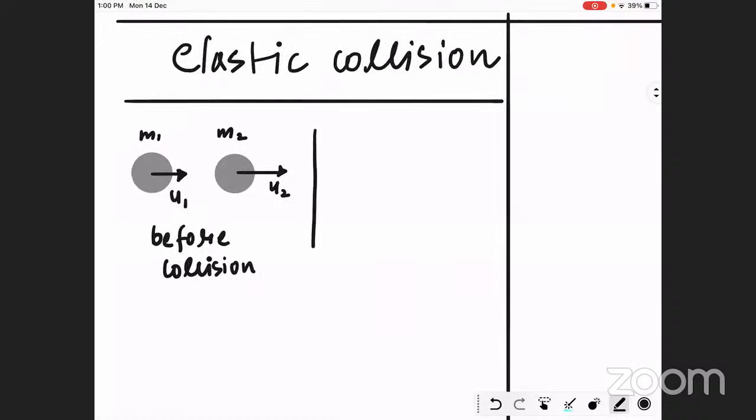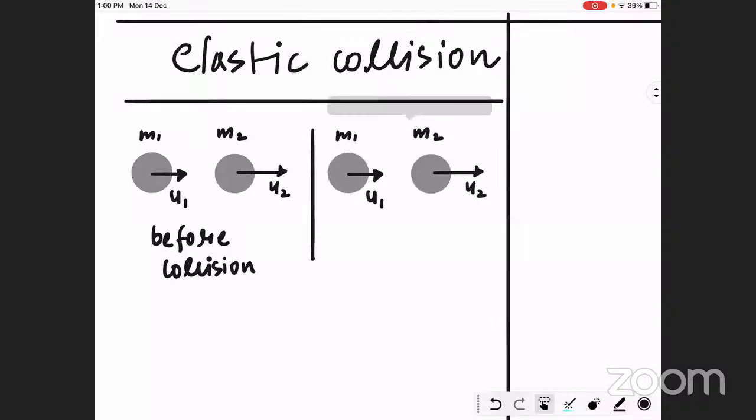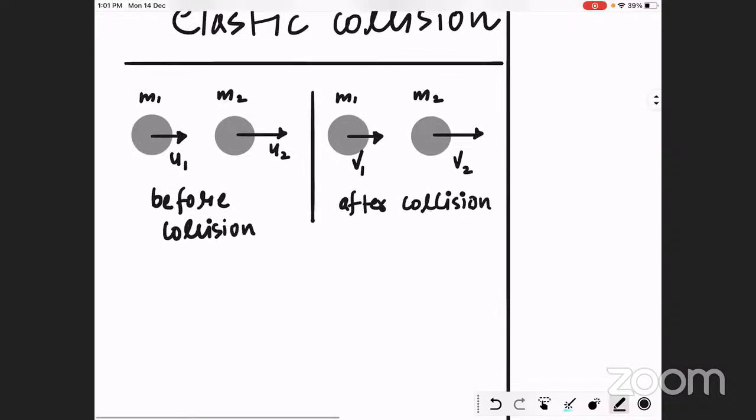So after collision the velocities will be different. Let's see. Velocity of m1, let's say v1, and velocity of m2 is, let's say, v2, and this picture is for after collision. Okay, so this is elastic collision.